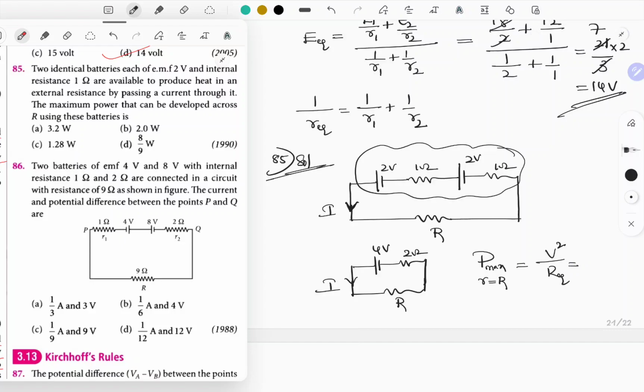This formula is used to find the total power dissipated in the circuit. This is not the case, but the condition they are asking is power dissipated in the load resistor.